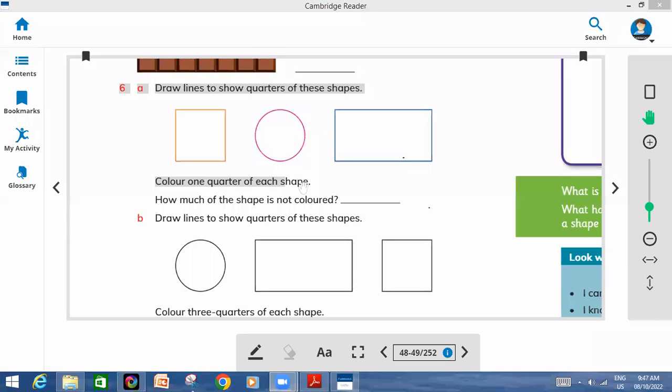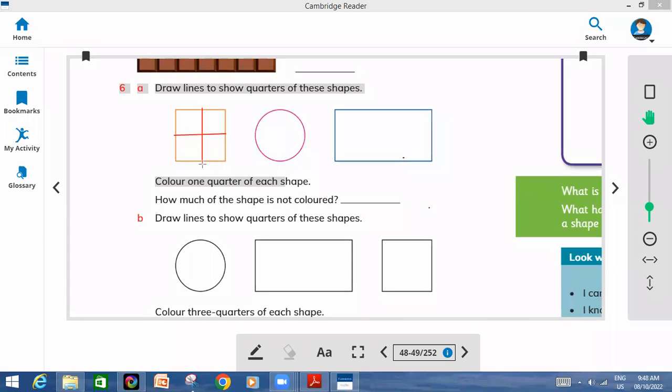So question number 6, draw a line to show quarters of these shapes. So let's draw the line to show the quarters. It's easy. We have studied this before also. First you have to cut the shape into half, and then into quarters, like this. So I think it's not equal, but when you are using a pencil and a ruler, then it is equal.